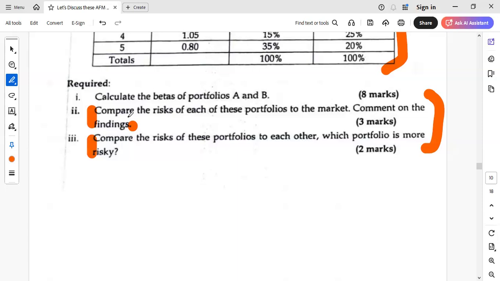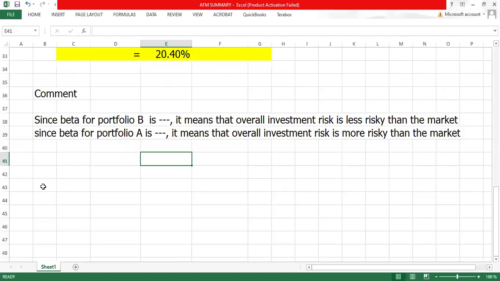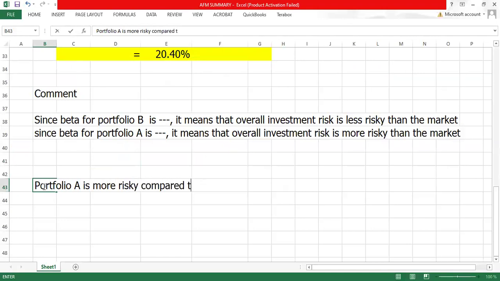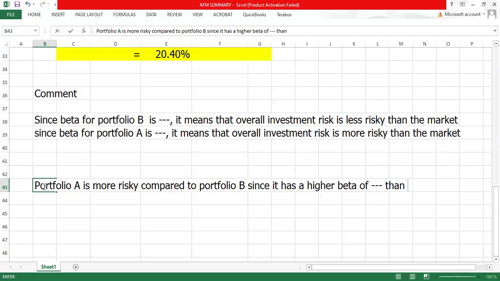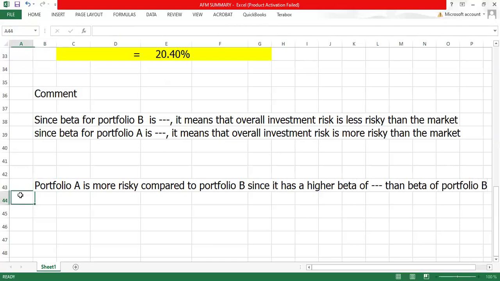You will just be saying that portfolio A is more risky compared to portfolio B, since it has a higher beta of, put the beta, than the beta of portfolio B, which is, you put the beta.